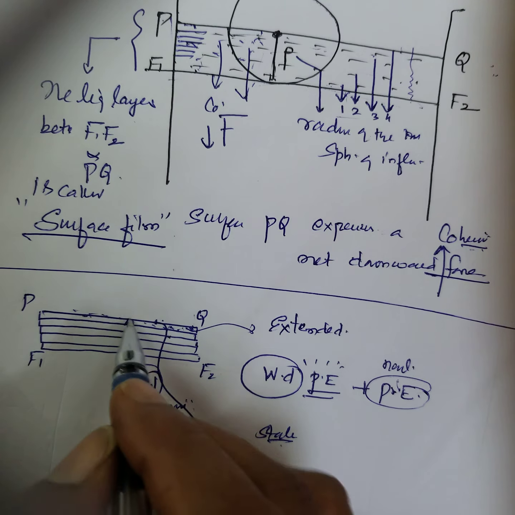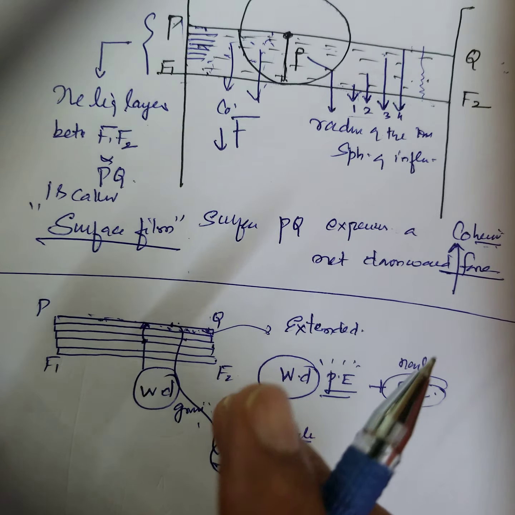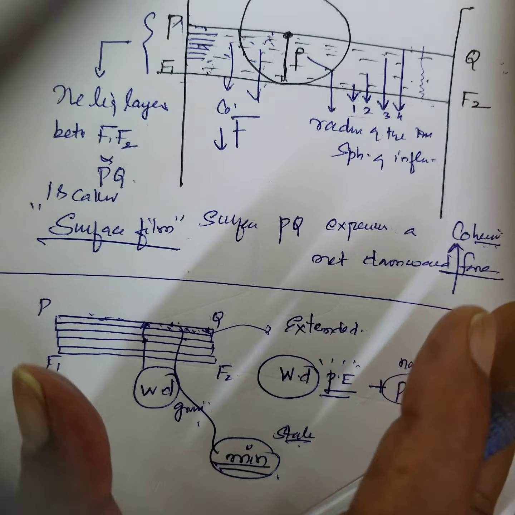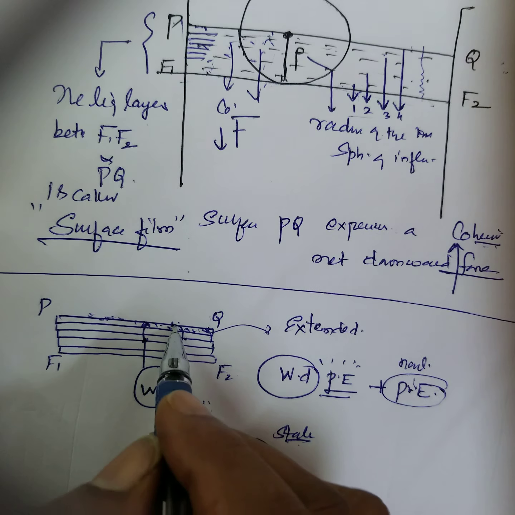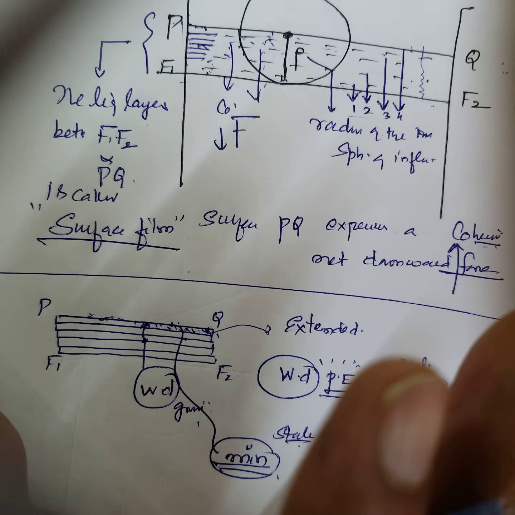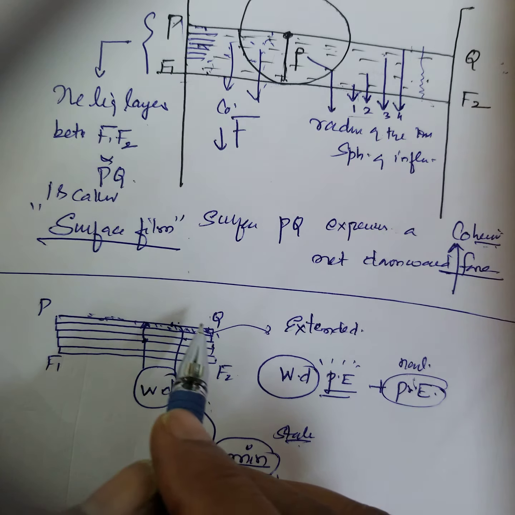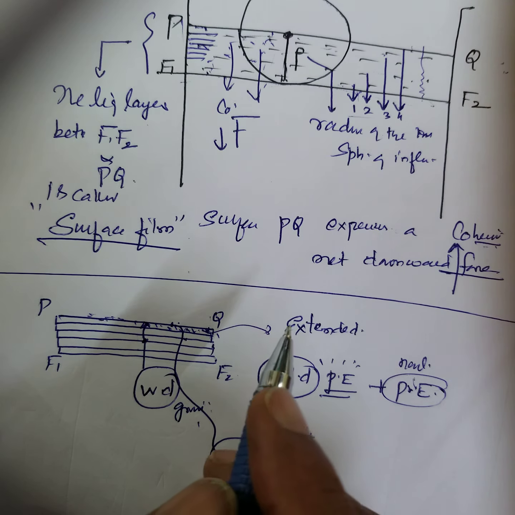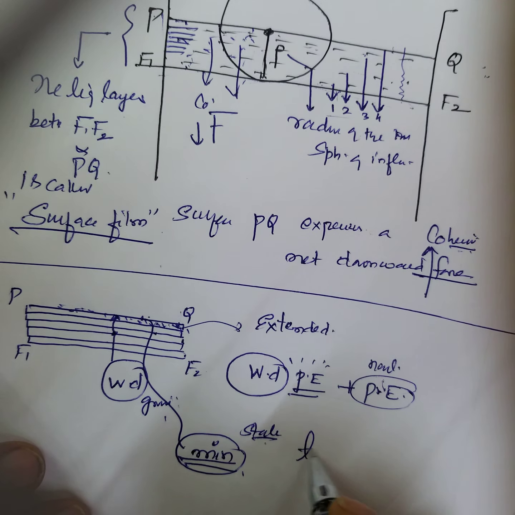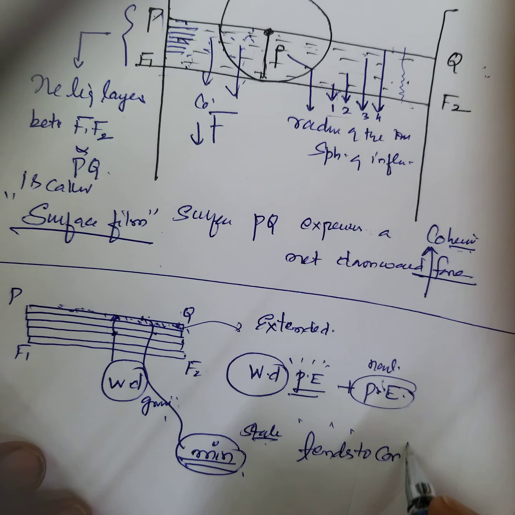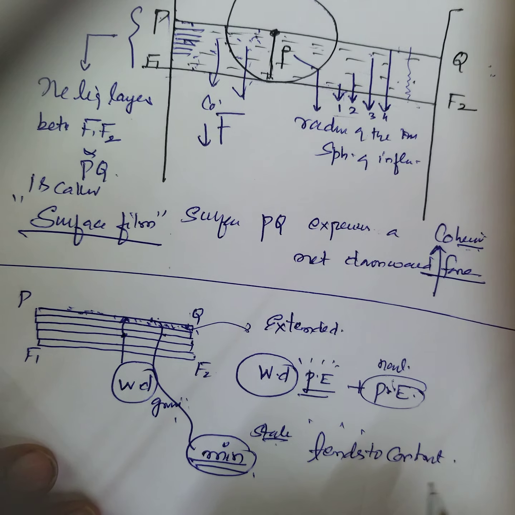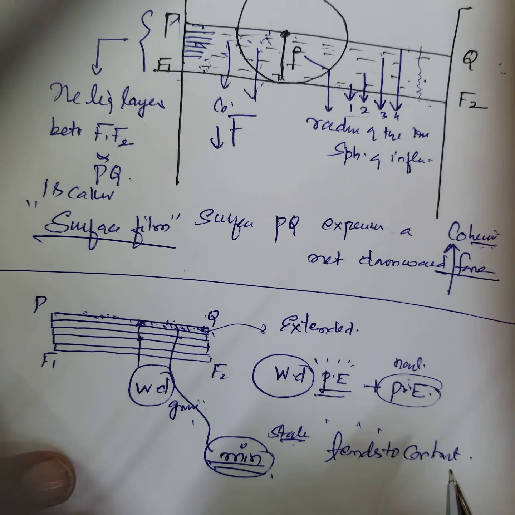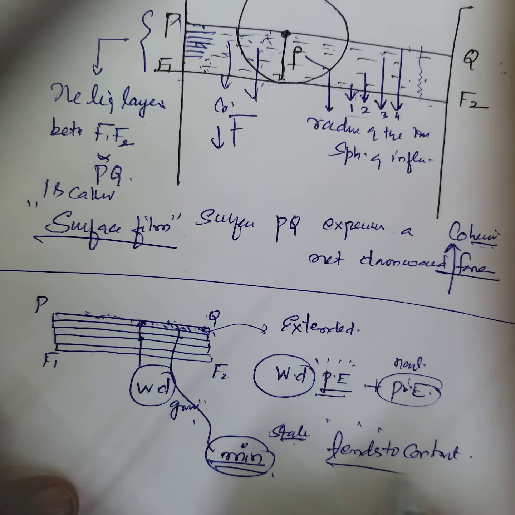Minimum number of molecules means minimum surface area. In other words, it tends to contract. The surface tends to contract. This tendency of having minimum surface area is called surface tension.